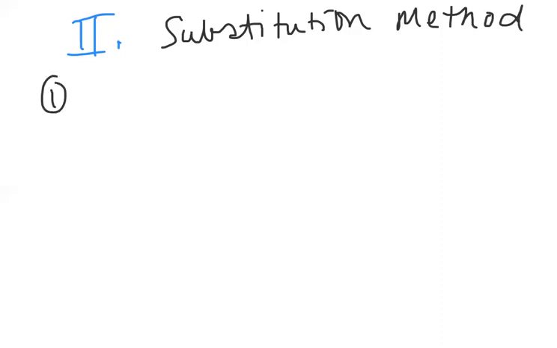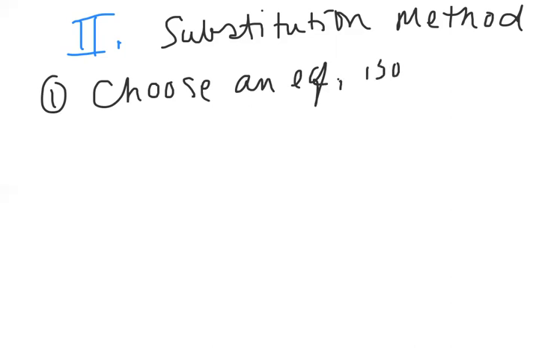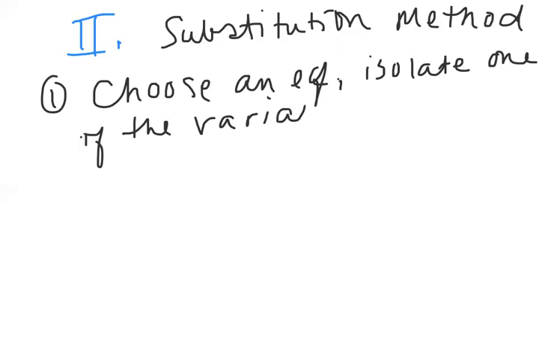of course you guys don't like working with fractions and you want to avoid the fractions. So the first step in using the substitution method is to go ahead and choose an equation, okay? And then isolate one of the variables. In other words, you need to solve for one of the variables.